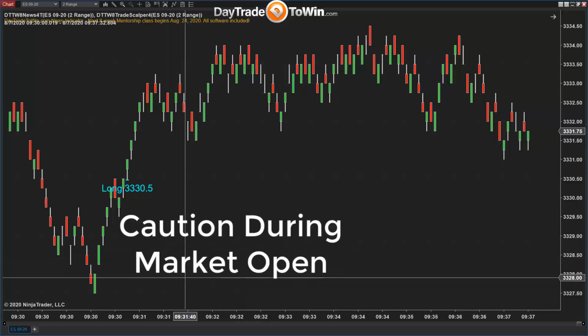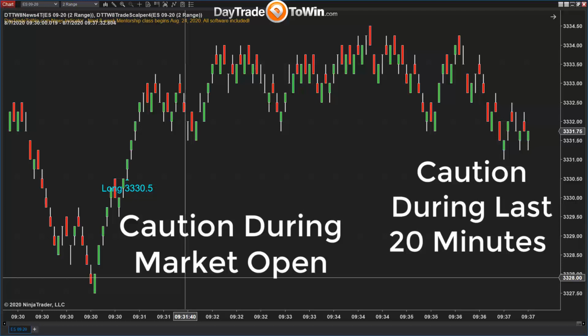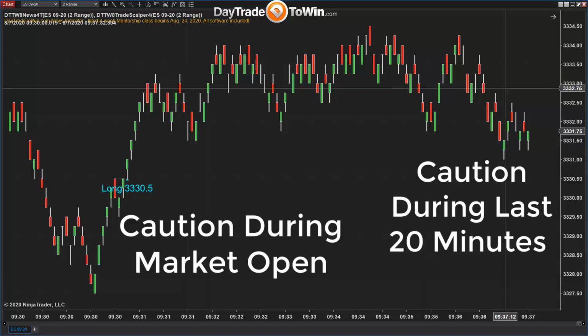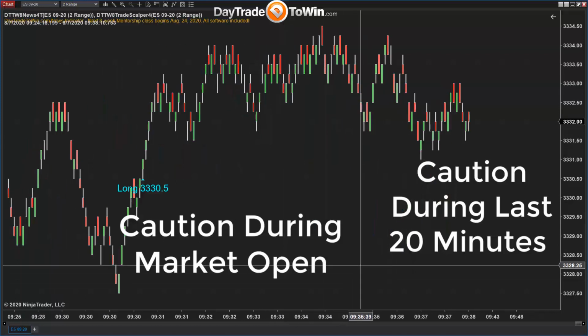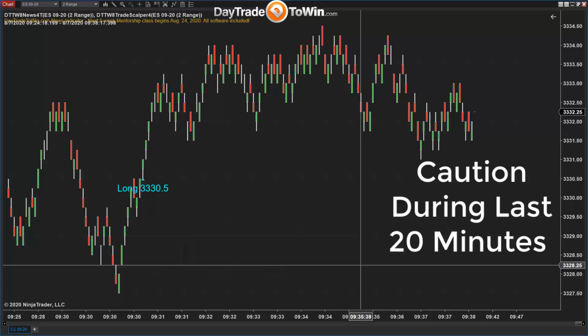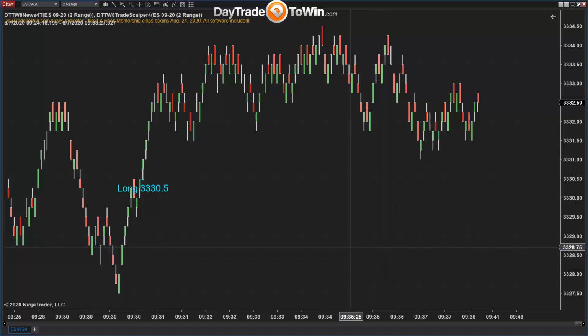I don't recommend jumping in right as the market opens within the first 5-10 minutes, and I don't recommend the last 20 minutes of day trading, because there's a squeeze that occurs on day traders right as the market closes. A lot of traders are on margin, and the margin forces people out of the market. So there's a bit of a chaotic environment in the last 20 minutes of the trading day.